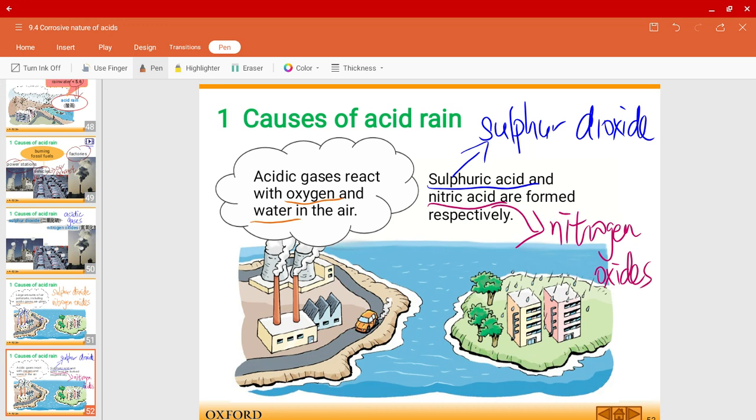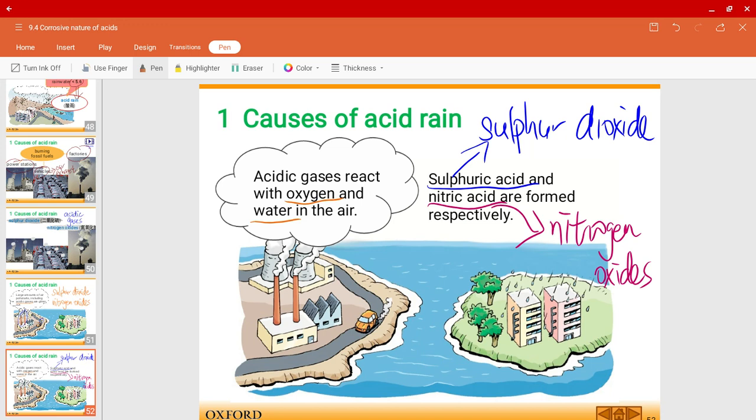So you will see that now there are two more acids joining the party of carbonic acid. At first, it was carbonic acid alone in isolation. Now, it found two more friends, sulfuric acid and nitric acid. Now there are three of them present. Just imagine, you have three acids present in rainwater. What would happen?